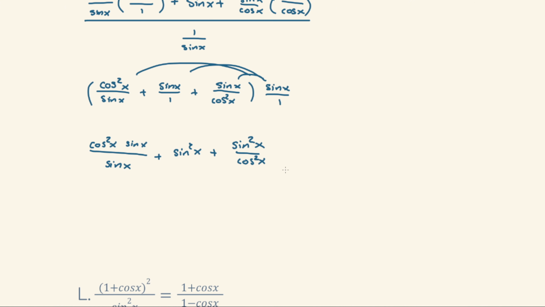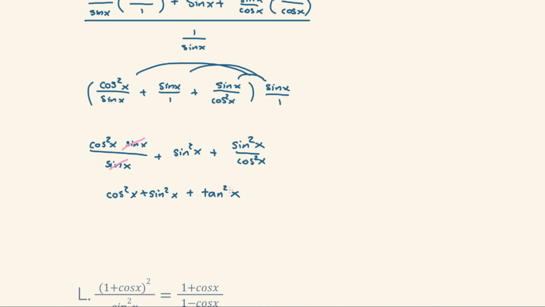Now on my first term, these sine x are going to cancel out, right? So that's going to give me cos squared x plus sine squared x plus sine squared x over cos squared x, that's just tan squared x, right?